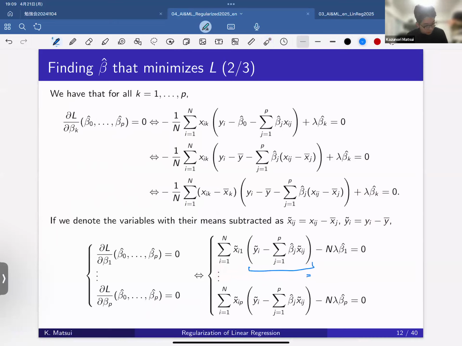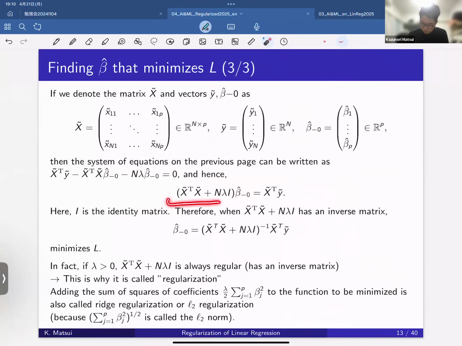So this part corresponds to y tilde minus x tilde beta hat minus 0. And this part corresponds to x tilde transpose y tilde. Here, the ith component of x tilde can be seen as the ith component of the transpose of x tilde. So this corresponds to this equation.